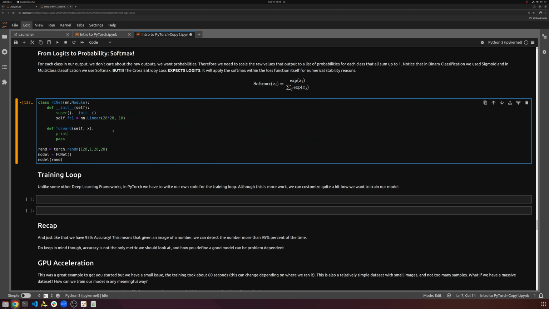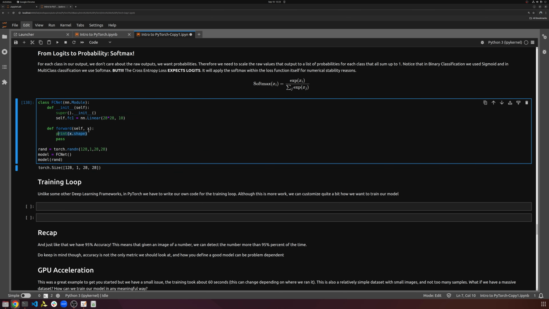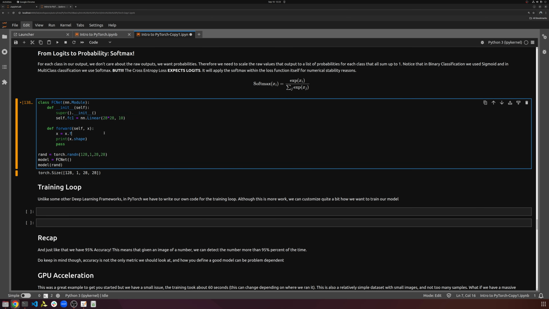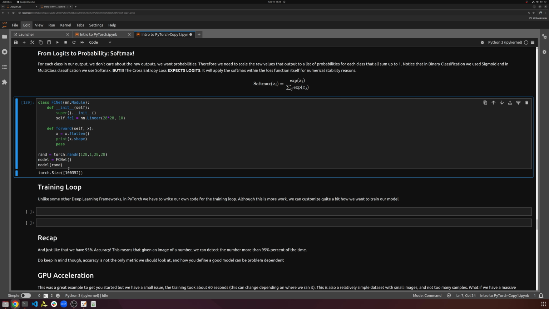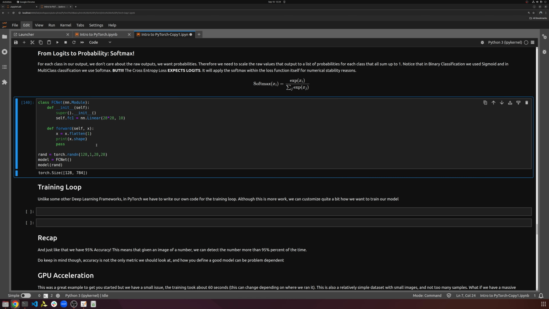If we print x.shape, we can see this is our data. What we want to do is x equals x.flatten. Now this flatten will flatten everything, which isn't good. We want to keep the 128, but flatten everything else. If we do flatten(1), it'll start from the first dimension, skipping the first one.